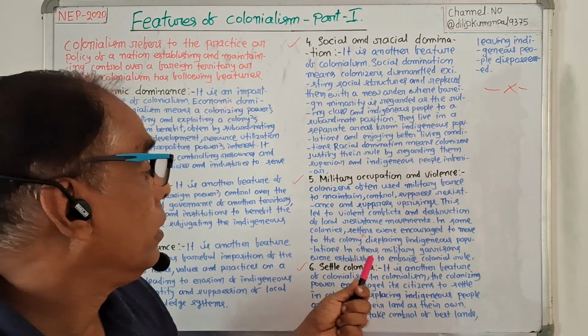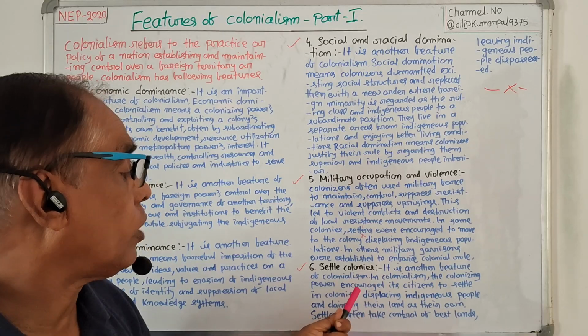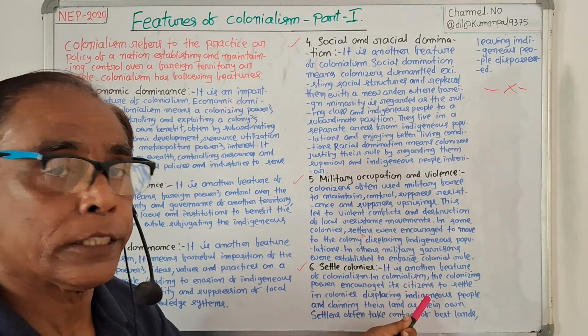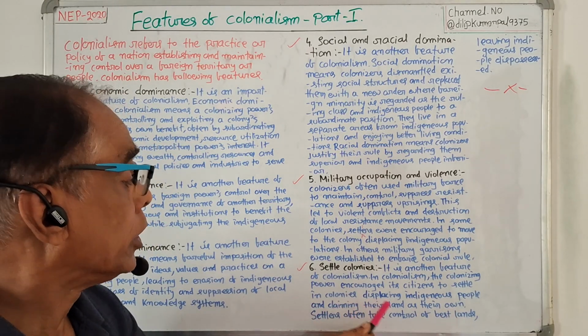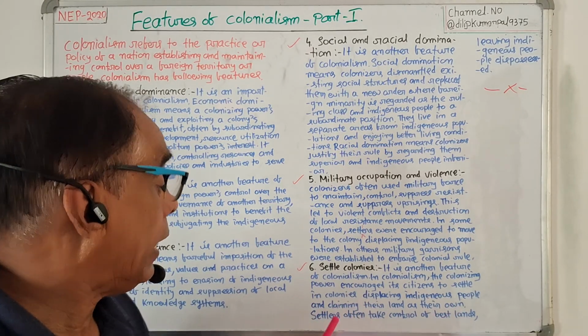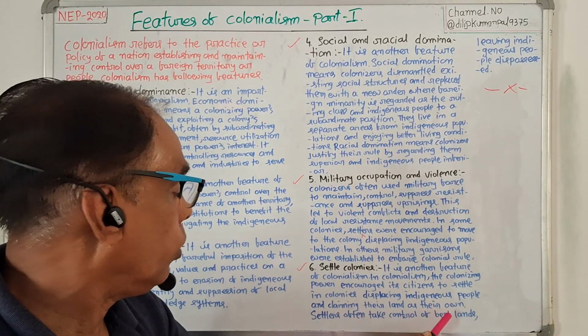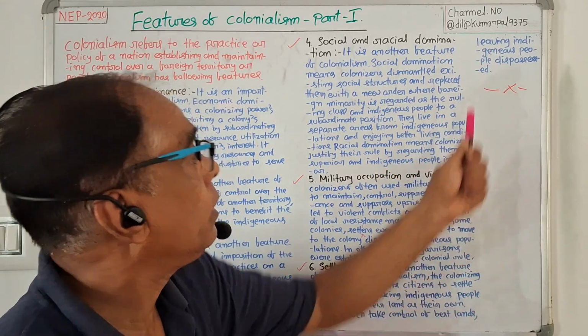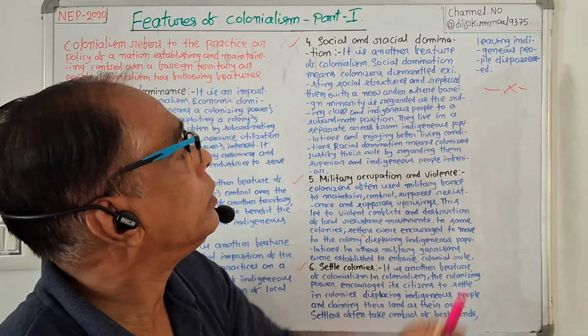Another feature of colonialism is settled colonies. The colonizing power encourages citizens to settle in colonies, displacing indigenous people and claiming their land as their own. Settlers often take control of the best land, leaving indigenous people dispossessed.